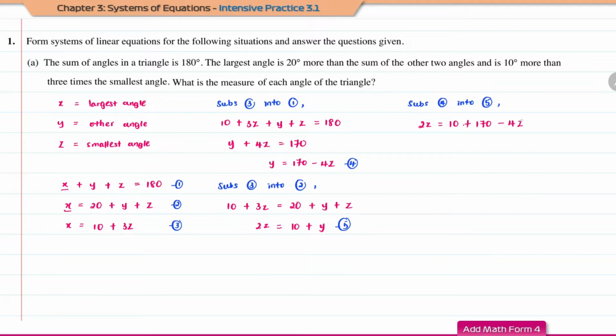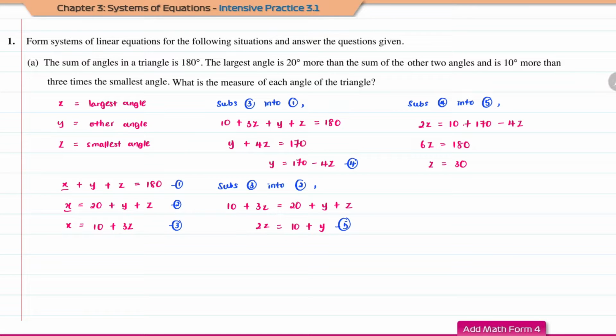Next, I'm going to collect all the Z to my left hand side. So 2Z plus 4Z, I'm going to have 6Z equal to 180. Therefore, Z is equal to 180 divided by 6, which is equal to 30. Therefore, you already have the value of Z.